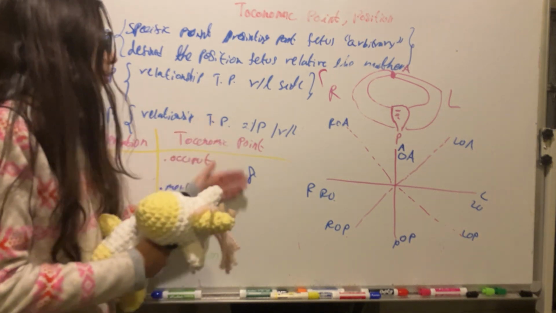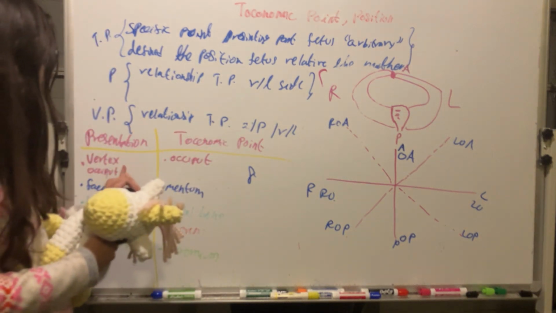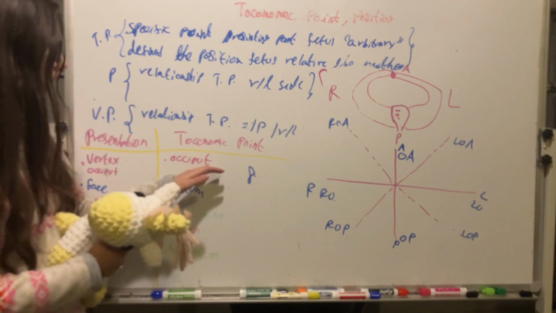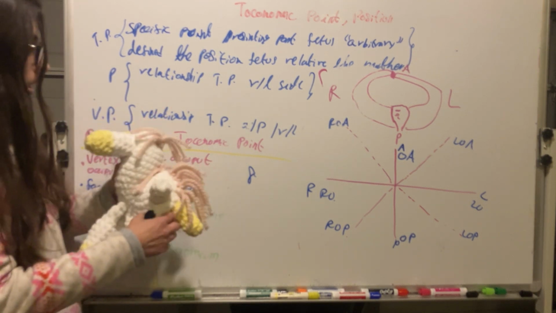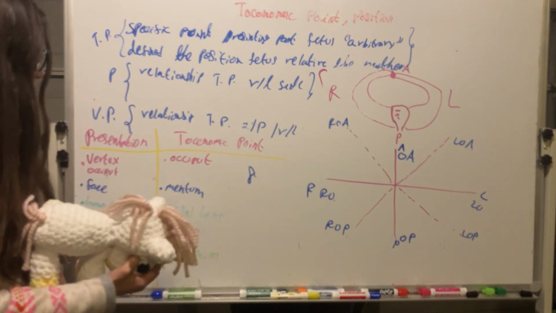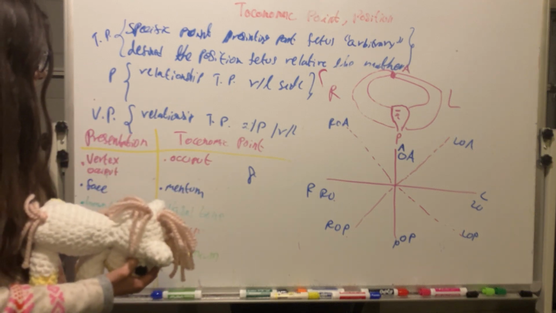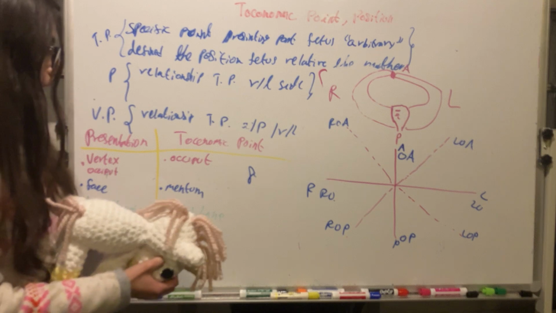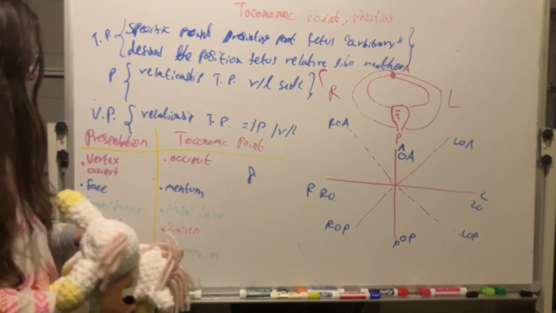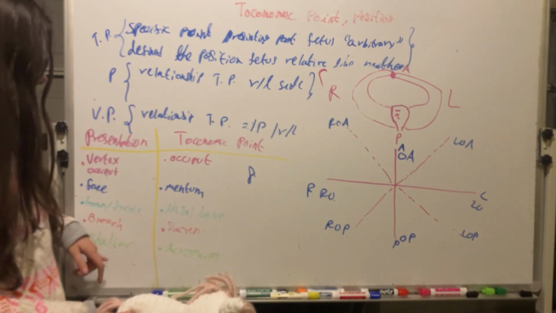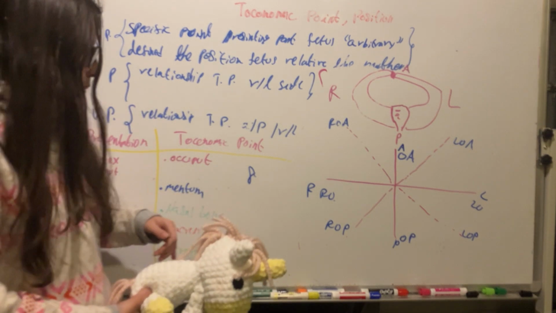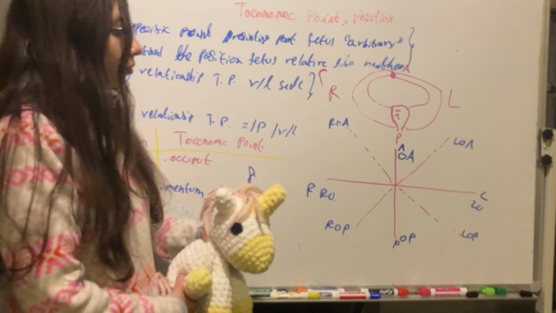So the tokonomic point in a vertex occiput presentation is the occiput. The tokonomic point in a face presentation is the mentum. The tokonomic point of the brow presentation is the nasal bone. The tokonomic point of breech presentation is the sacrum. The tokonomic point of shoulder presentation is the acromion.